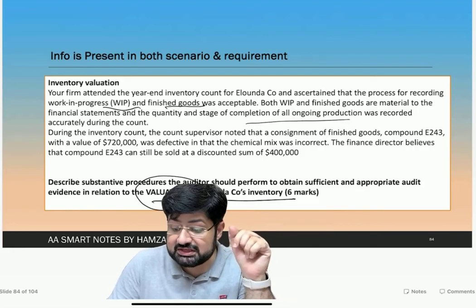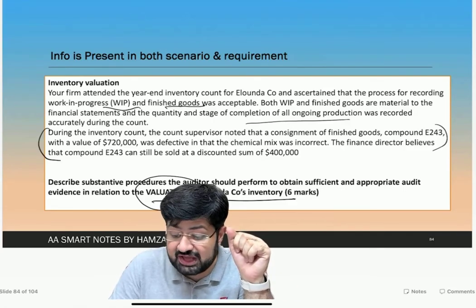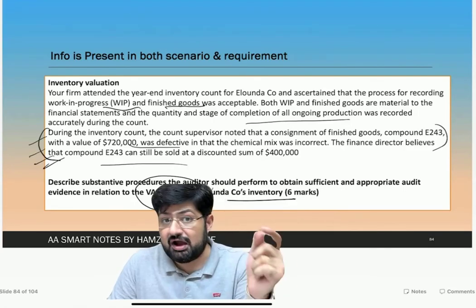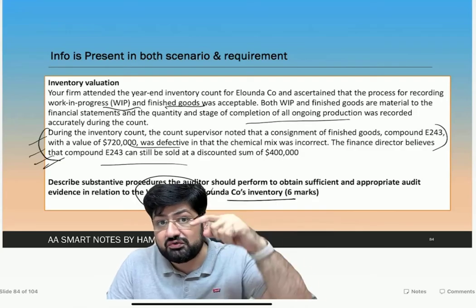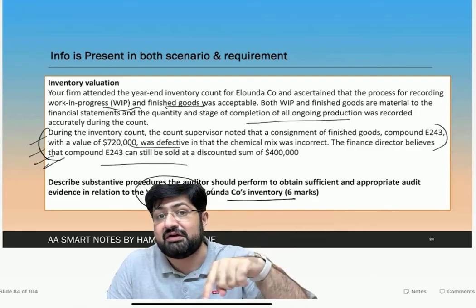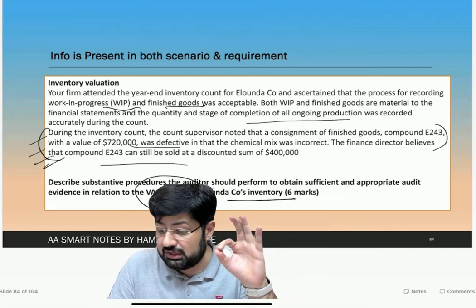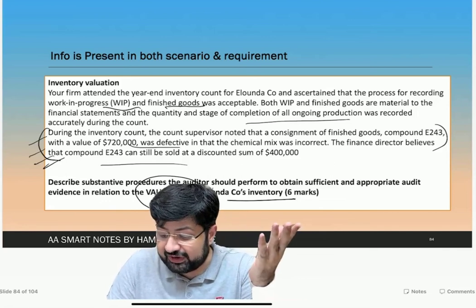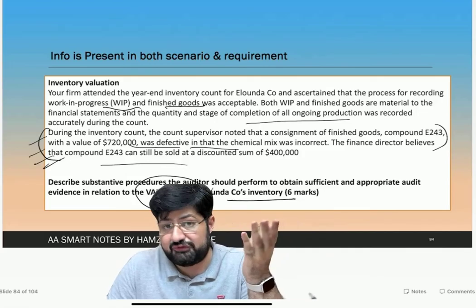But there is also specific information about damaged inventory available, so you have to write some substantive tests on this specific component, which they said is defective inventory.